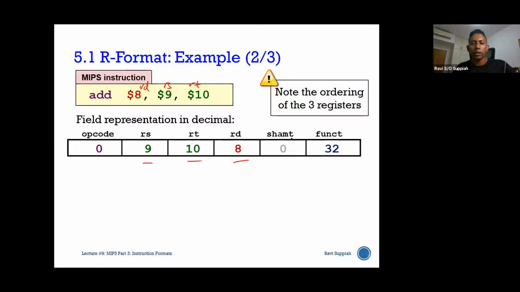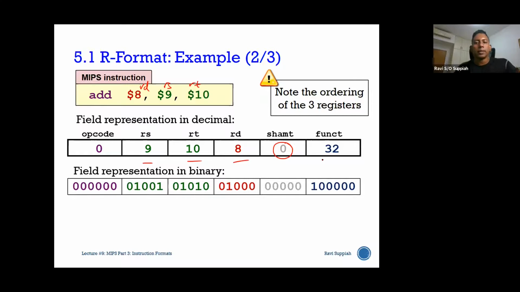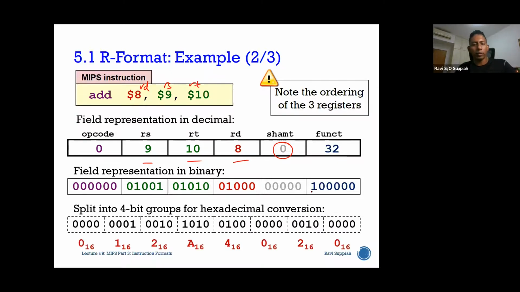And like I said just now, if it's not a shift instruction, your shift amount will be 0. The opcode and function field are given from the instruction set. Now, to translate that into binary, you will get this.